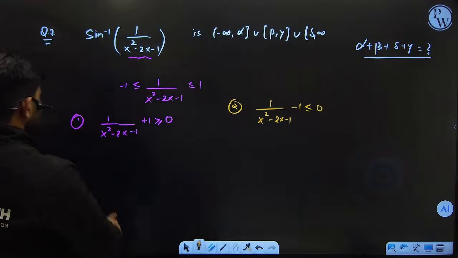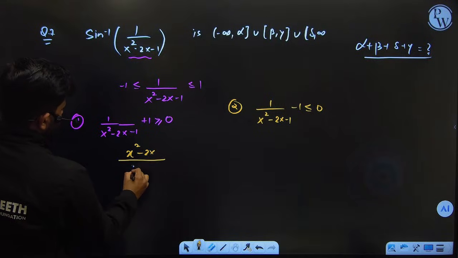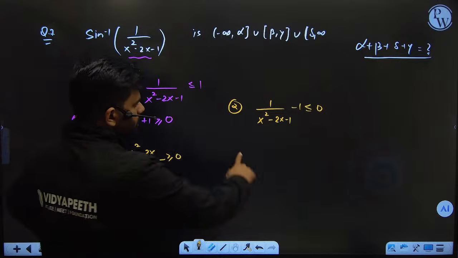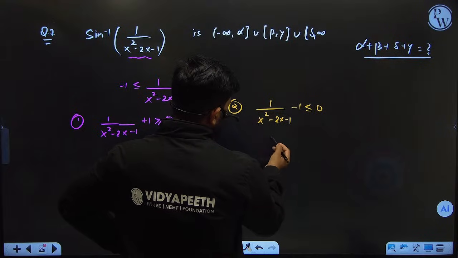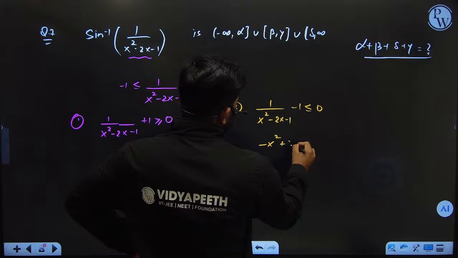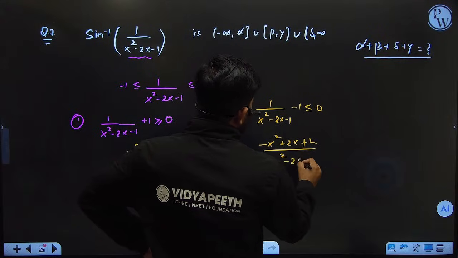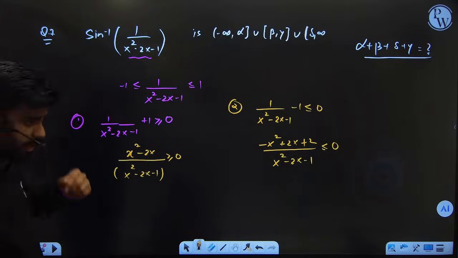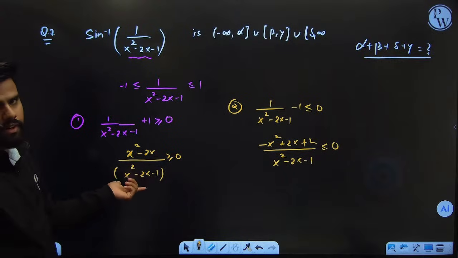Okay, if we quickly solve this question, x square minus 2x upon the denominator greater than 0, and here we will get minus x square plus 2x plus 2 upon x square minus 2x minus 1 less than 0. The only difficulty in this question is that this equation is not easily factorizable.